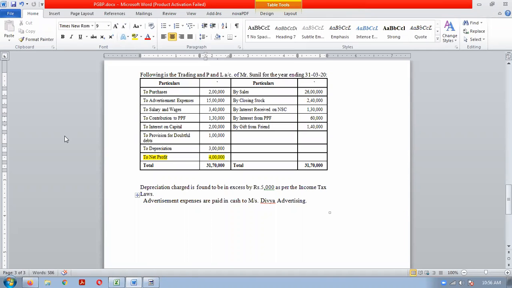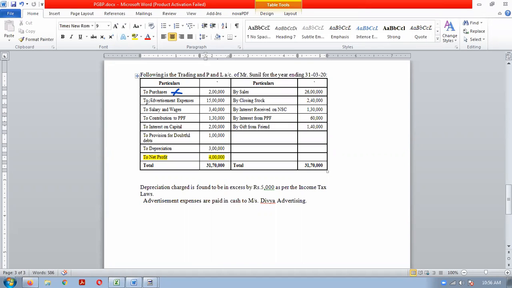Now we will have to check the debit side of profit and loss account first. So purchases, we have understood that purchase is an item of gross profit. Purchase is an item of trading account, so not relevant. Okay, we have seen that only profit and loss account is relevant.